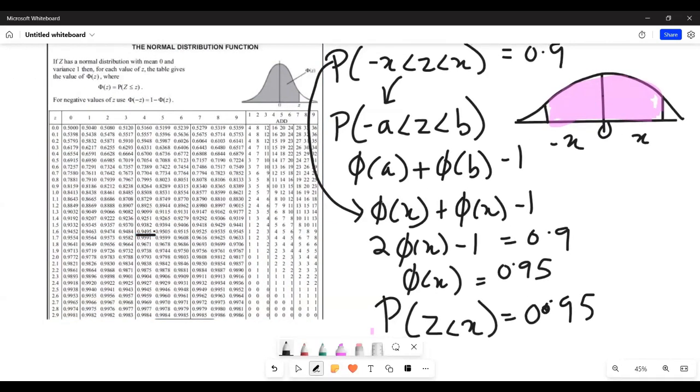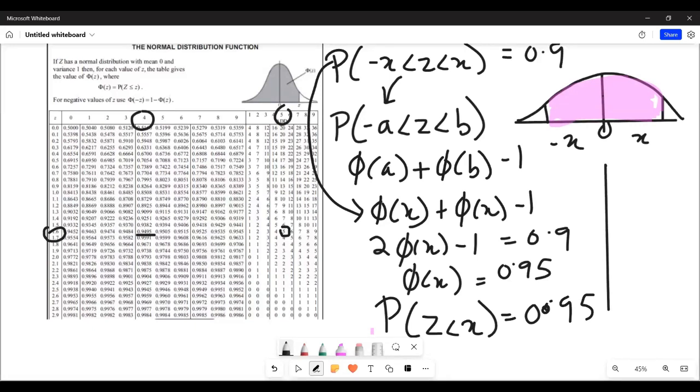So 0.9495, need to add 5 to it. Here's that 5. So it's going to be 1.645. So x should be equal to 1.645.